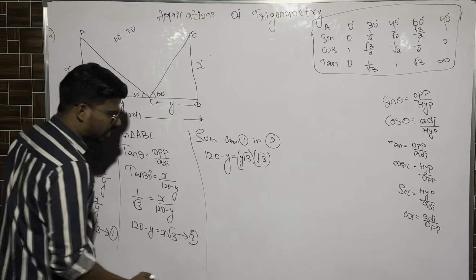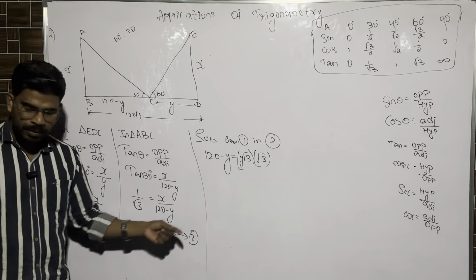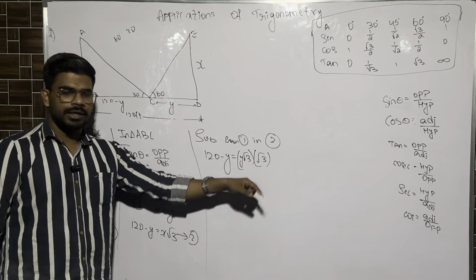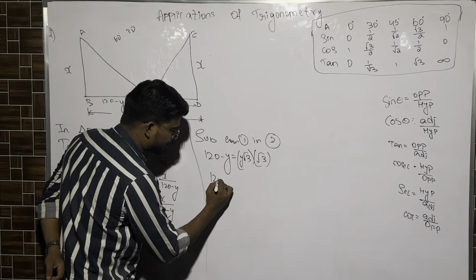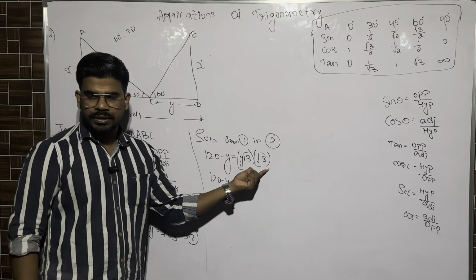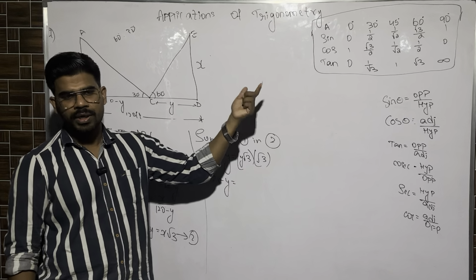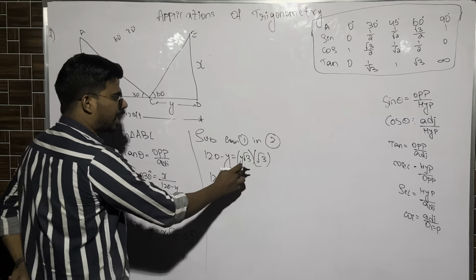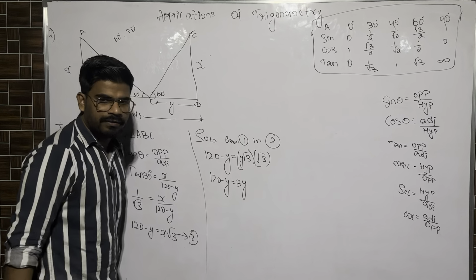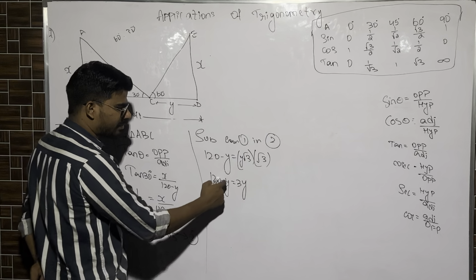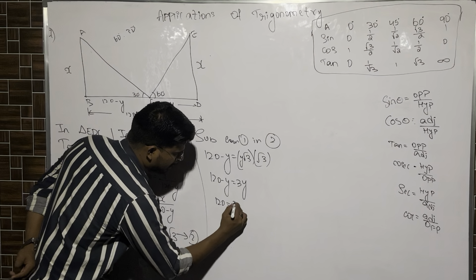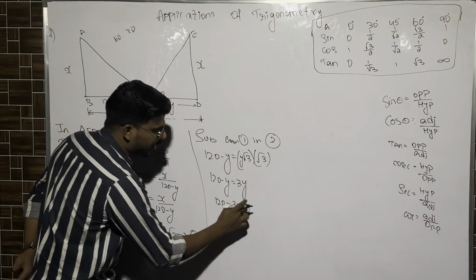Root 3 into root 3, the square root gets cancelled, you only have 3. 3 into Y, 3Y. Clear? Minus Y, if I transfer it to that side, it becomes plus. 120 is equal to 3Y plus Y, which is 4Y.